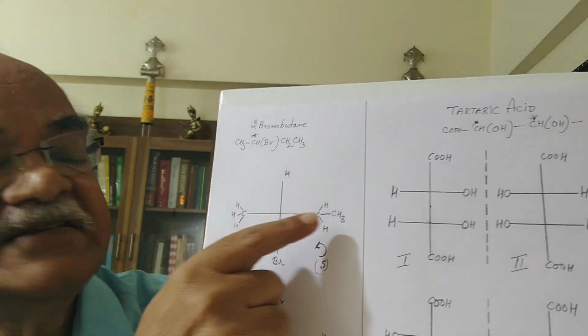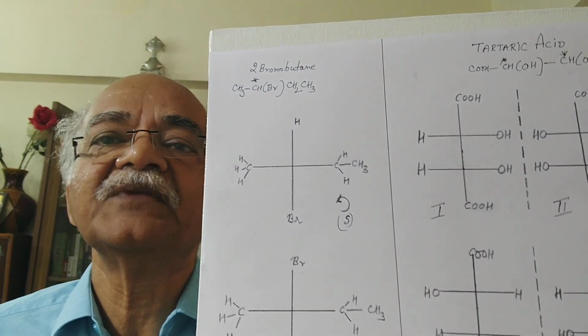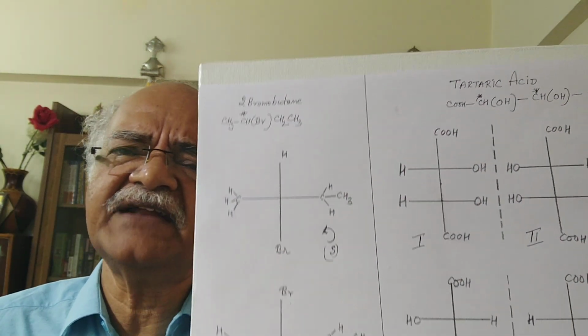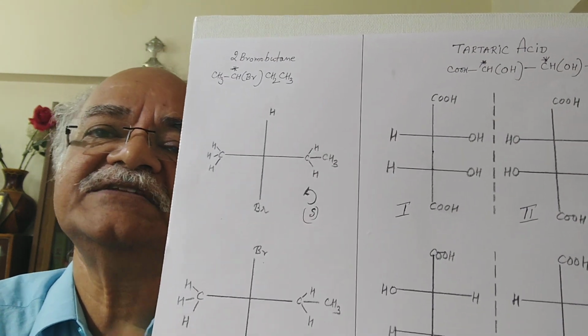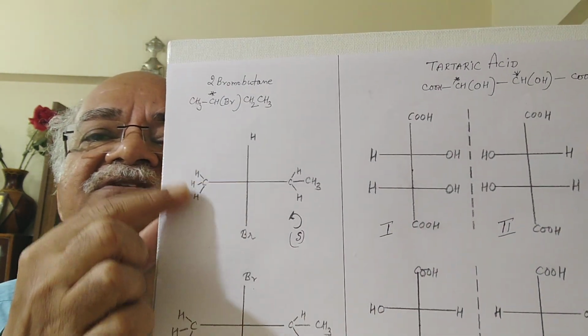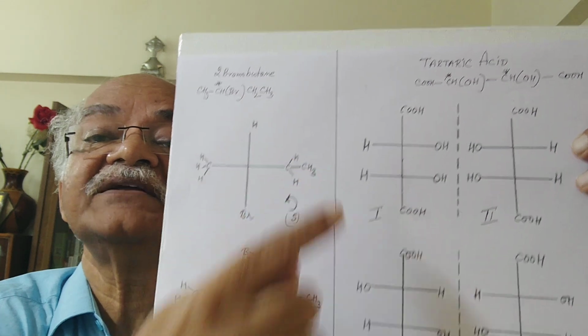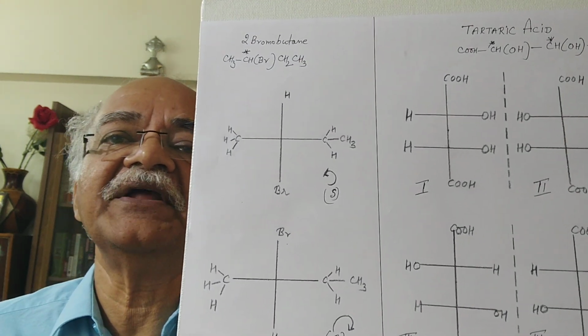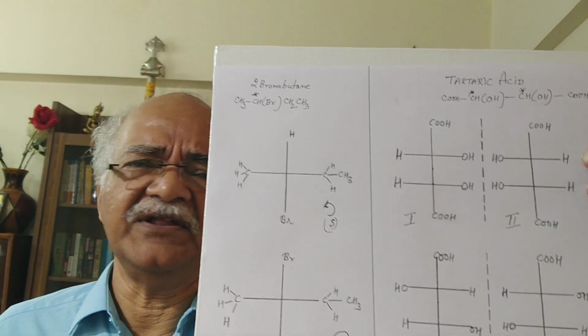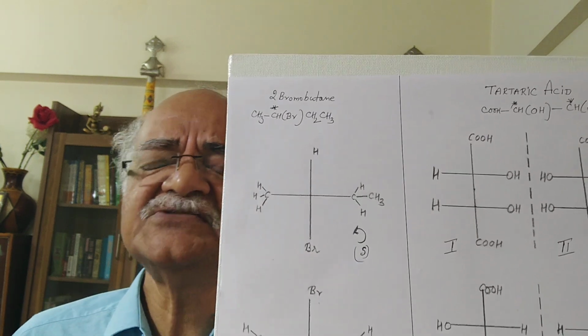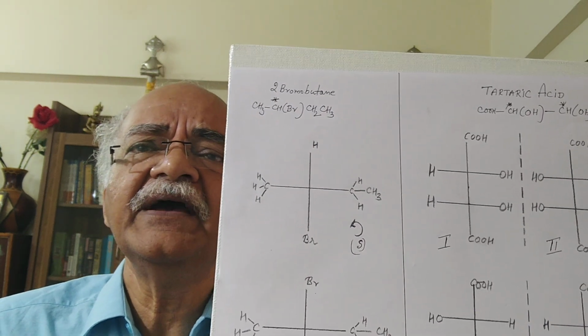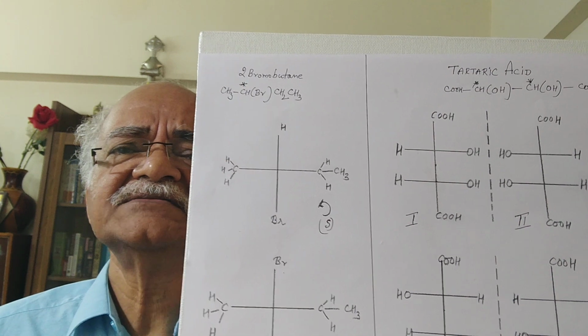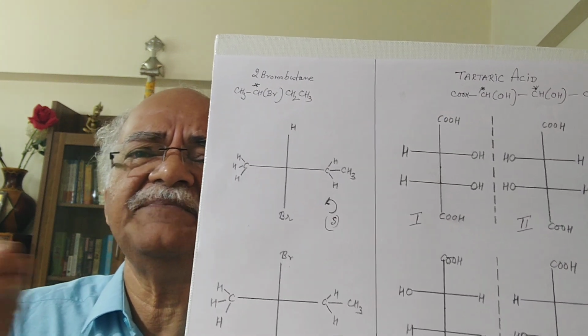Then we have CH2CH3. If the first attached atom is the same, then go for the nearest neighborhood. This is attached to three hydrogens, whereas this is attached to only two and another carbon. So that takes priority. So you can easily decide priority. There is no difficulty. The beauty of stereochemistry is that it will help you develop a keen sense of observation, so that any environmental differences you can easily make out.